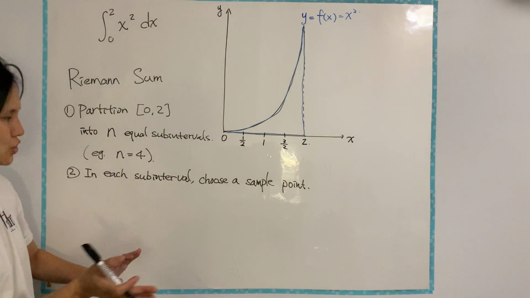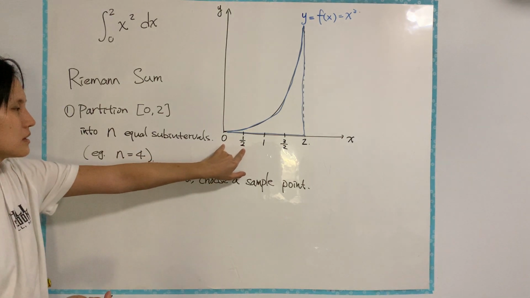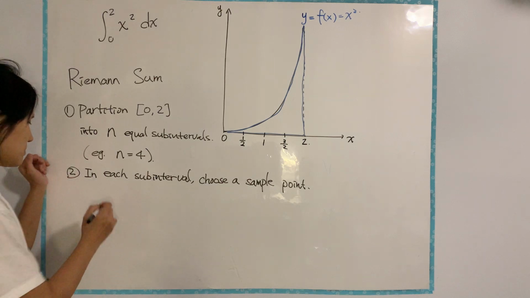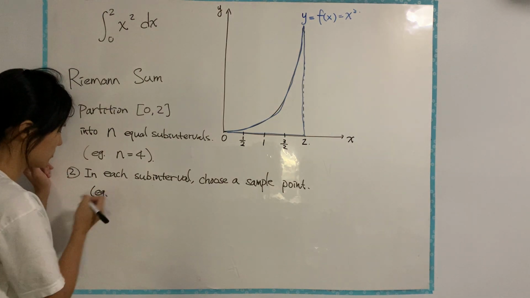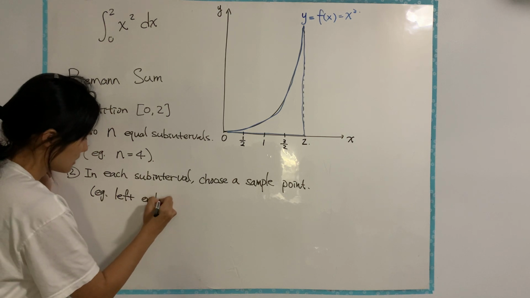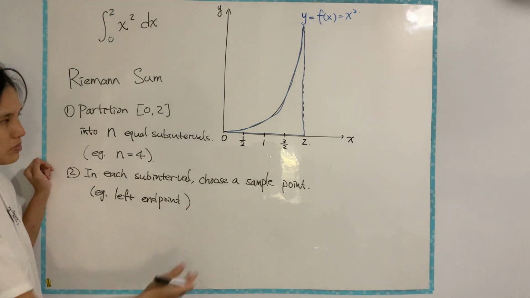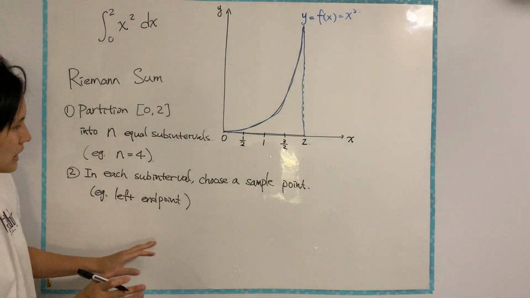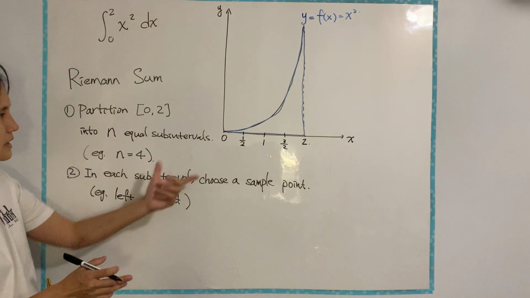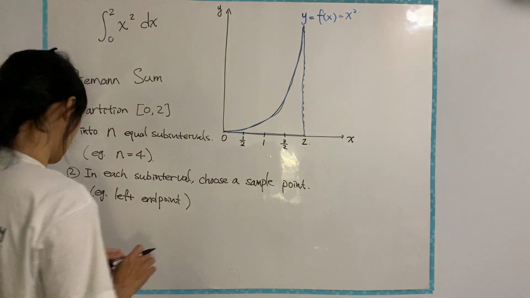Just choose a point sitting inside the interval. Okay, so for example, what I can do is choose the left endpoint. You can also choose the right endpoint or middle point or whatsoever. It doesn't matter. Like I said, as long as it's inside each interval, then you are good.